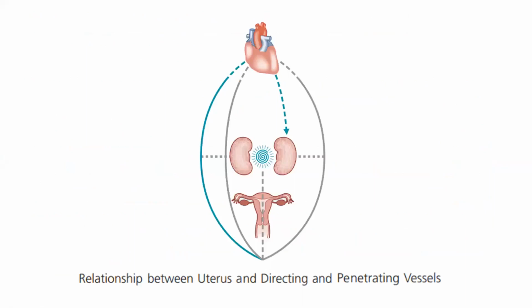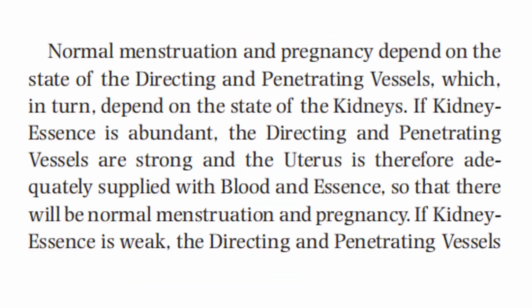So we have here the illustration of the relationship between the uterus and the directing and penetrating vessels. Normal menstruation and pregnancy depend on the state of the directing and penetrating vessels, which in turn depends on the state of the kidneys.